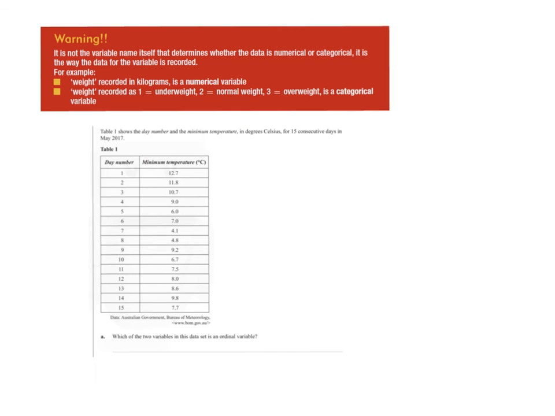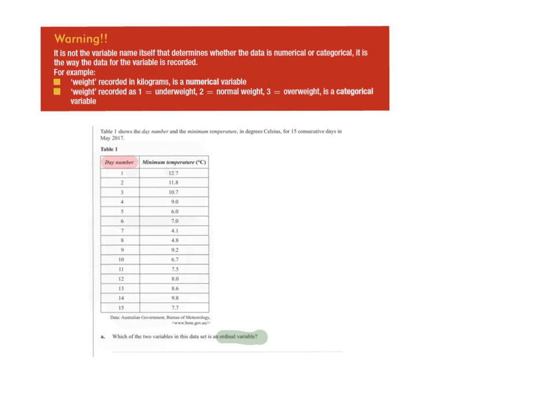If we just do a couple of exam questions here. It says table 1 shows the day number and the minimum temperature in degrees Celsius for 15 consecutive days in May. Which of these 2 variables in the data is ordinal data? So we want categorical.